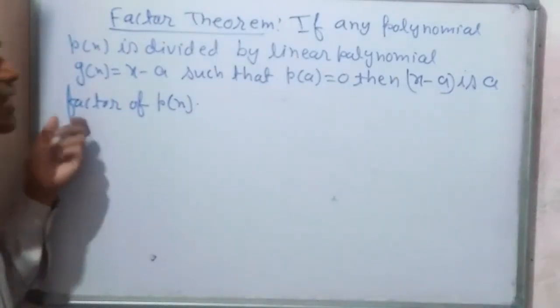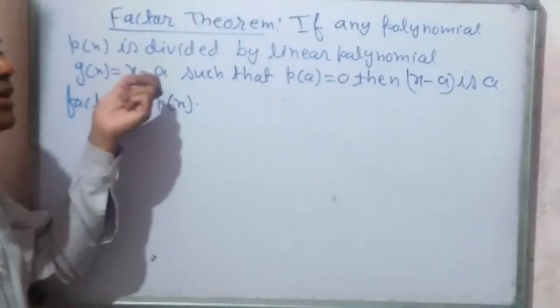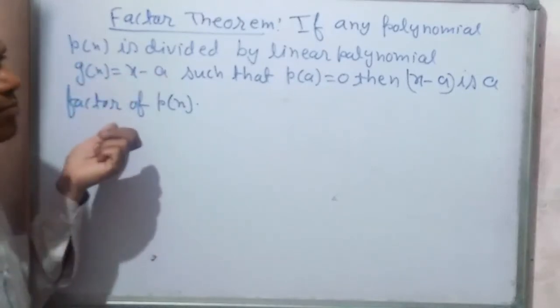Whatever its degree, it should be 1 or greater than 1, not less than 1, right.